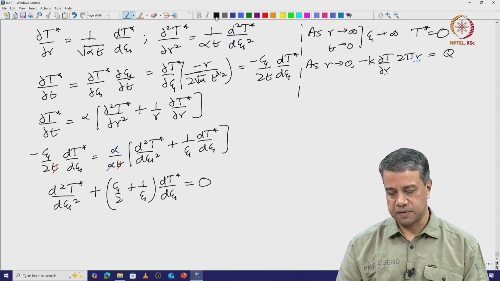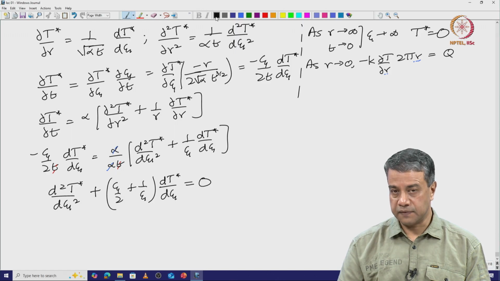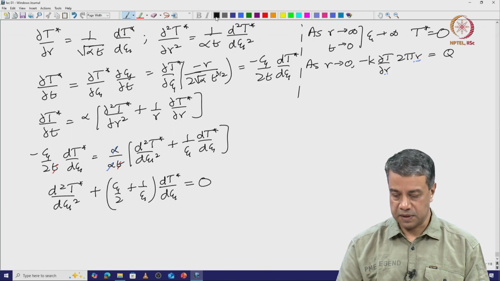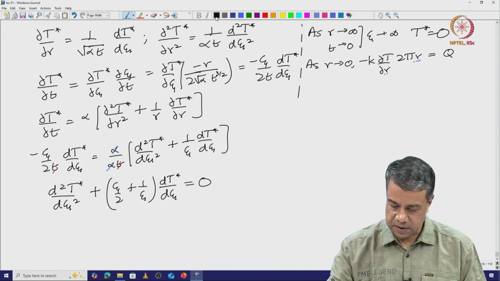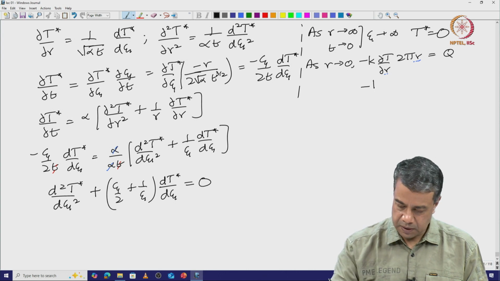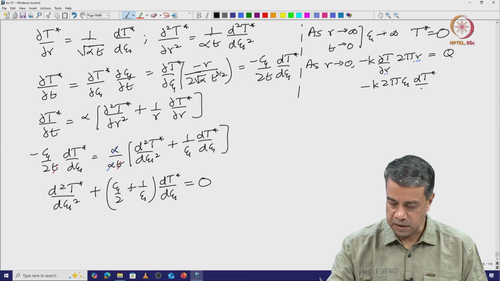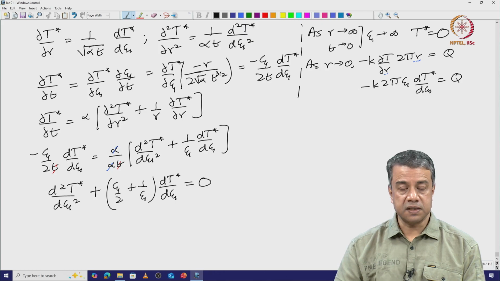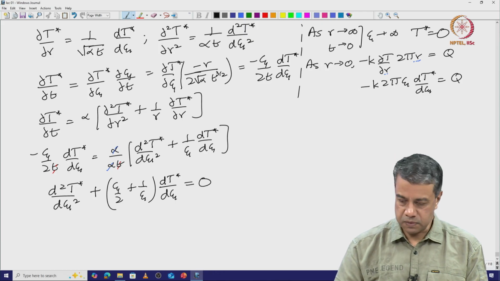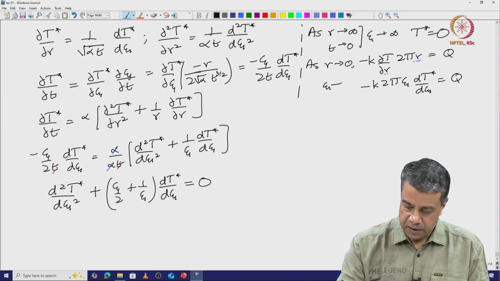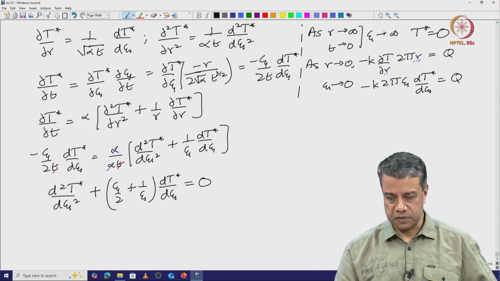So, the resultant equation is just minus k 2 pi psi dT star by d psi is equal to q. That is the condition in the limit as r goes to 0, or psi goes to 0. R goes to 0 corresponds to psi goes to 0 in this case.